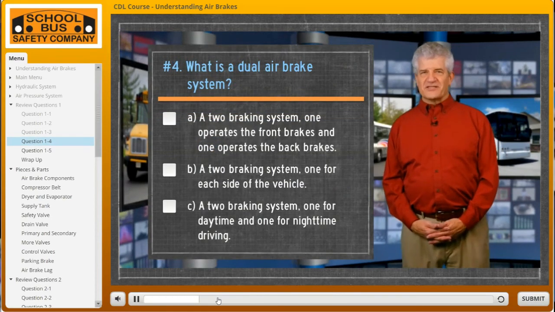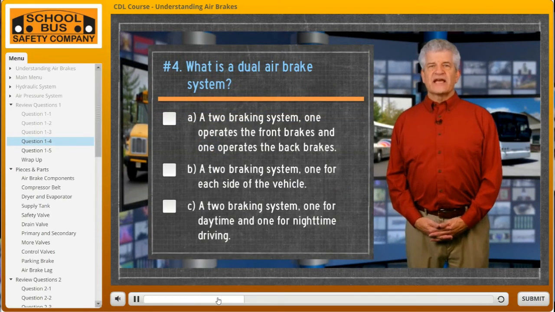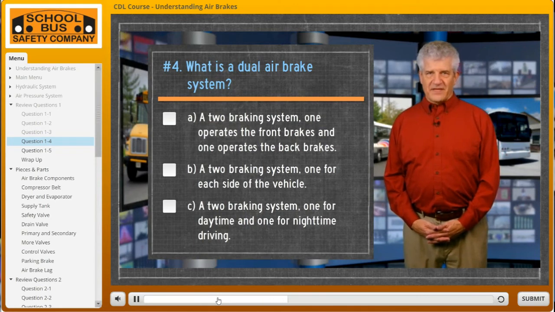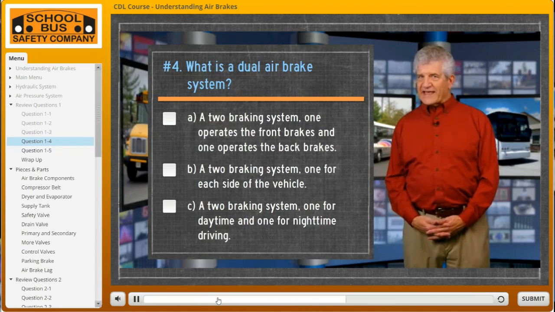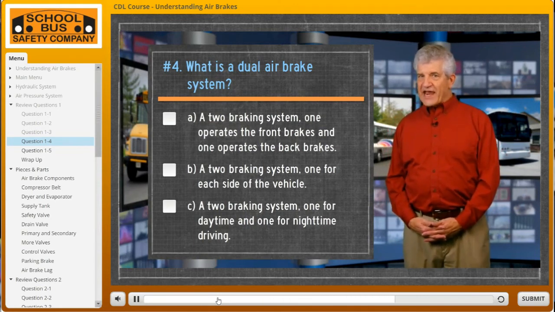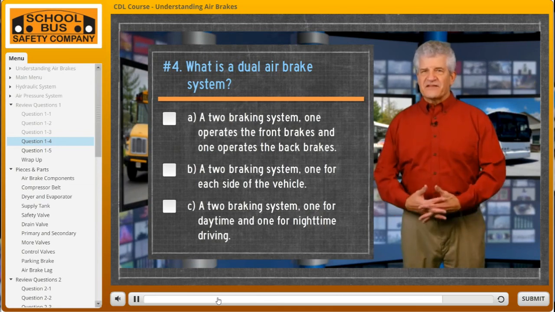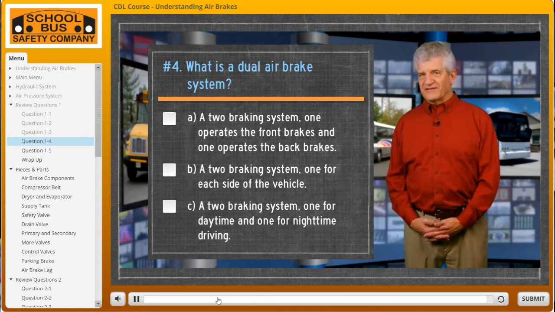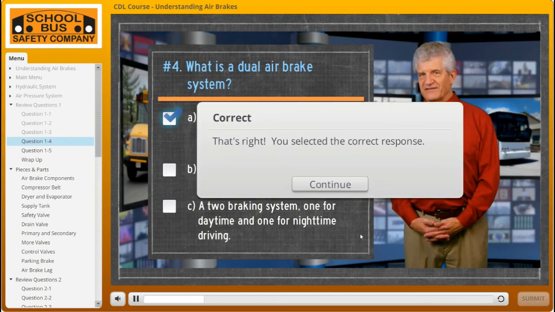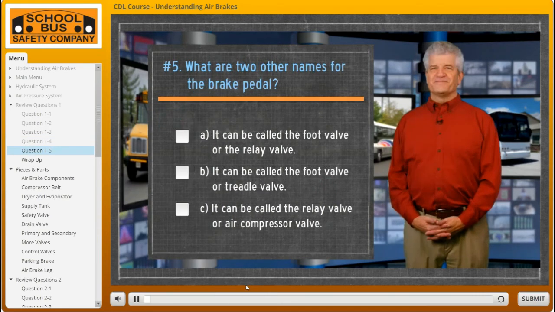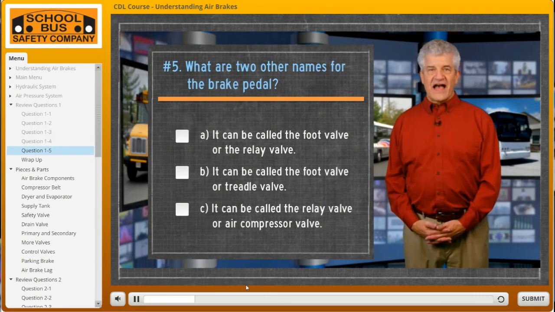Here's one we just talked about. What is a dual air brake system? If you'll recall, we mentioned the primary tank and the secondary tank, providing air to separate systems as a fail-safe against brake failure. And finally, question number 5.